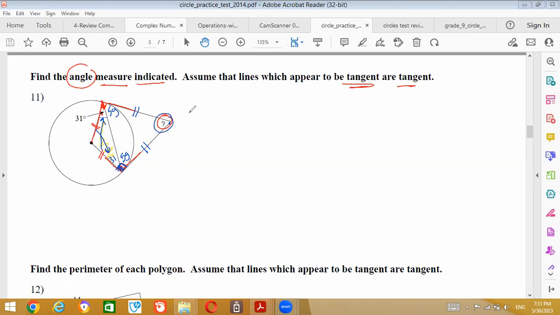So to get this angle, in this triangle you make 180 minus both angles. So it's 180 minus 59 plus 59, it will be 22. So this angle measure is 22. That's it.